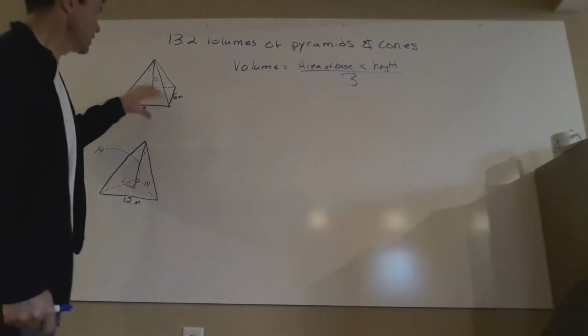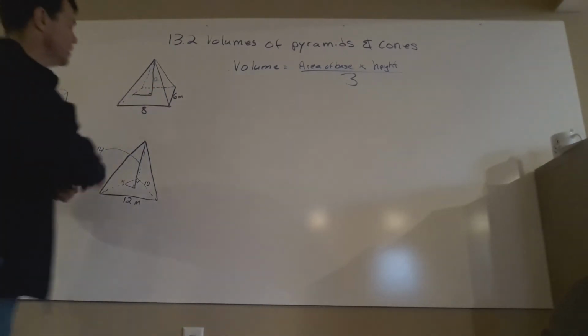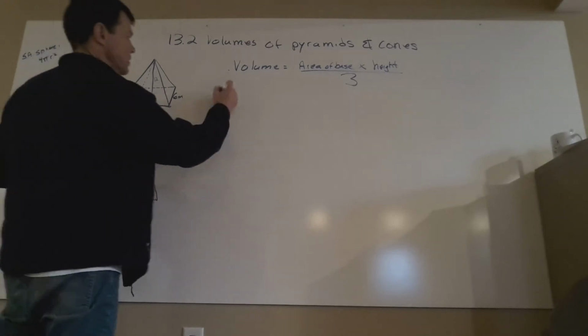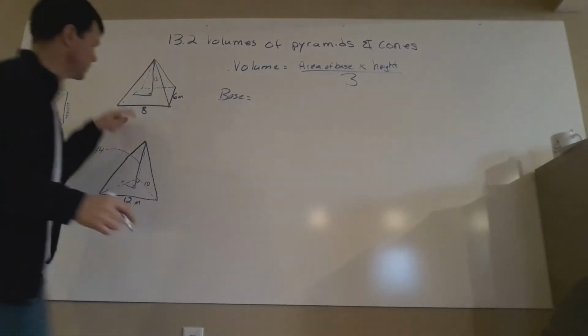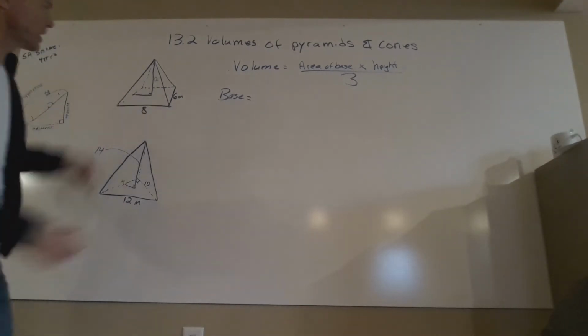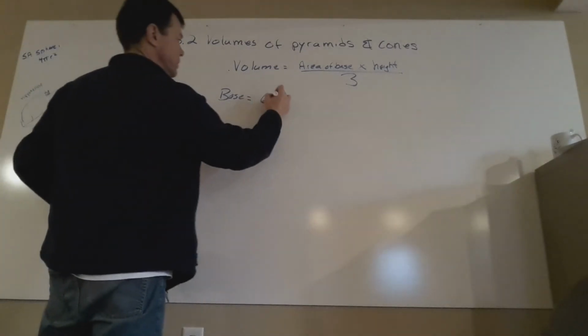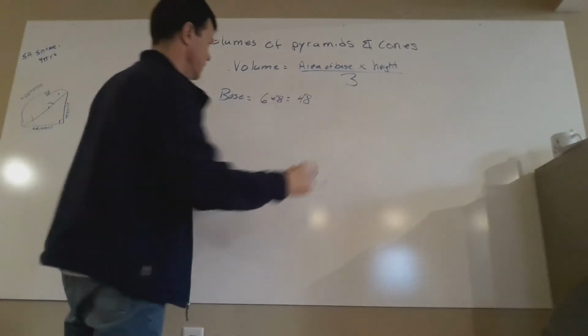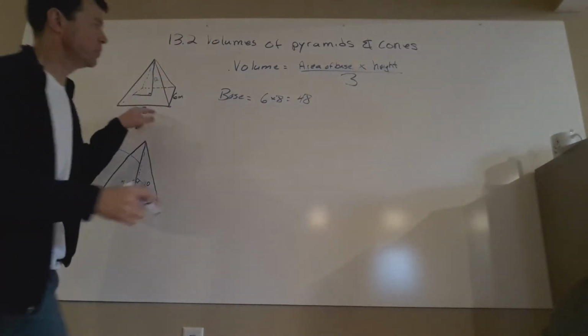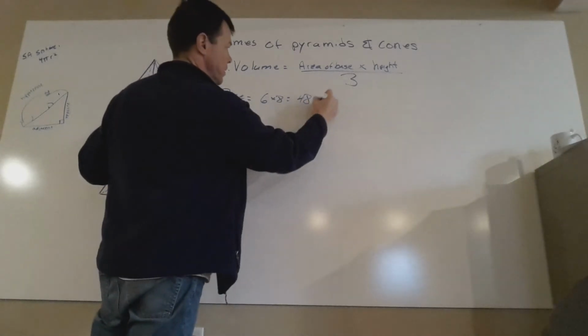All right, we'll calculate the volume of this first one. So our base equals, it's a rectangle, 6 times 8, which is 48. Area of the base is going to be 48 meters squared.